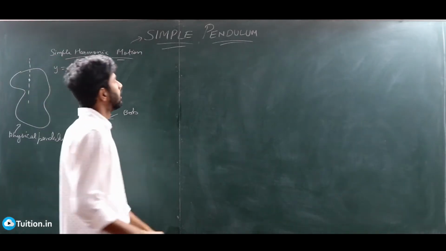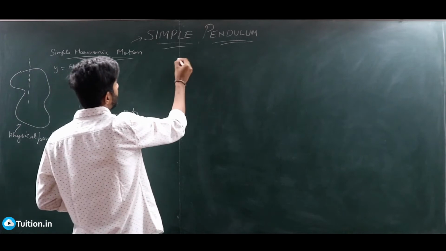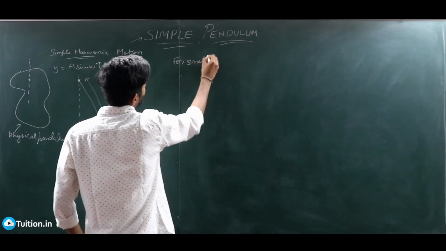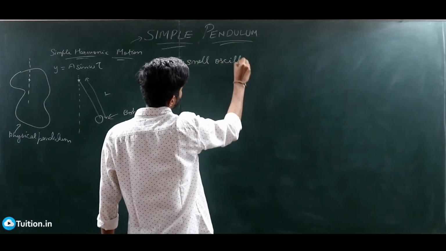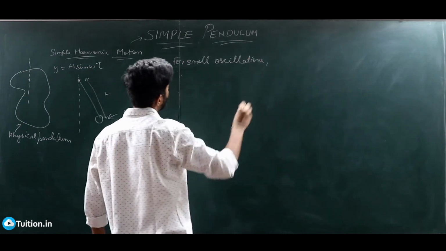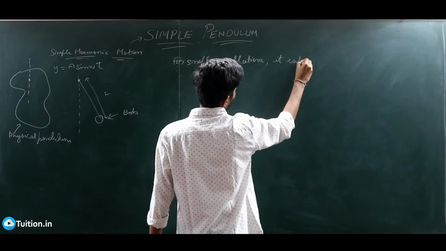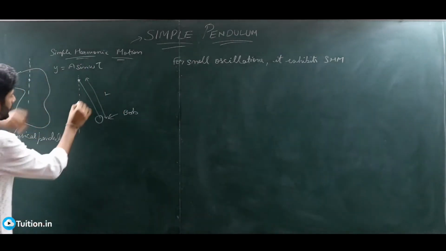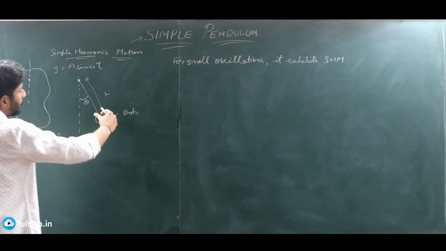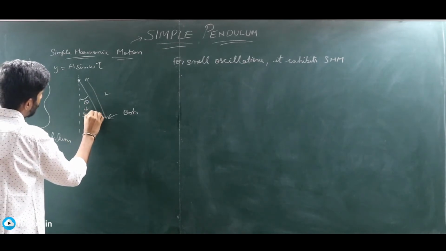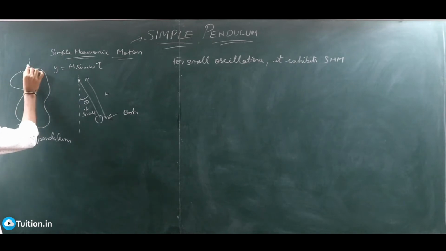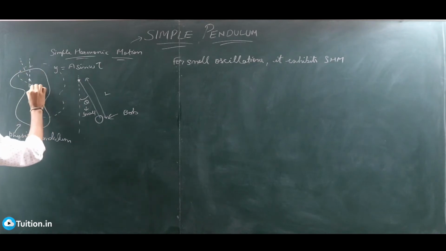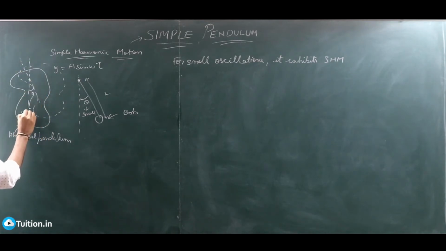So what we will see through the video is that a simple pendulum, or any pendulum for that matter, for small oscillations exhibits SHM, which means if I pull it from some angle theta, if this theta is very small, or maybe even here in this case, if I just pull it like this, it will take a shape of this sort, and this will be the new axis, and the angle between them will be theta, such that your theta is very small.